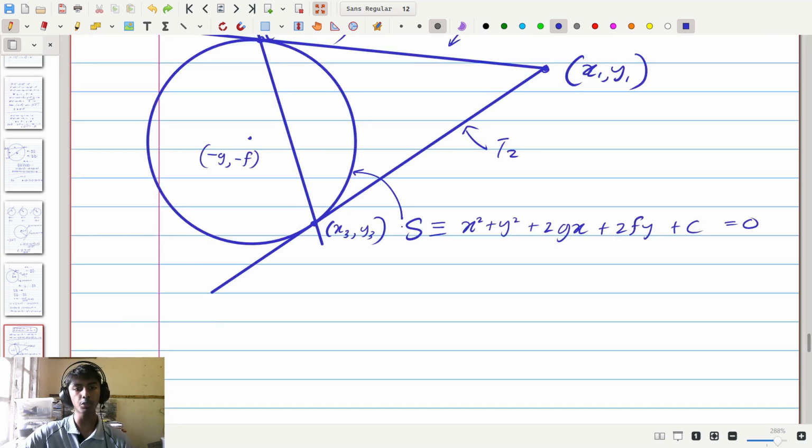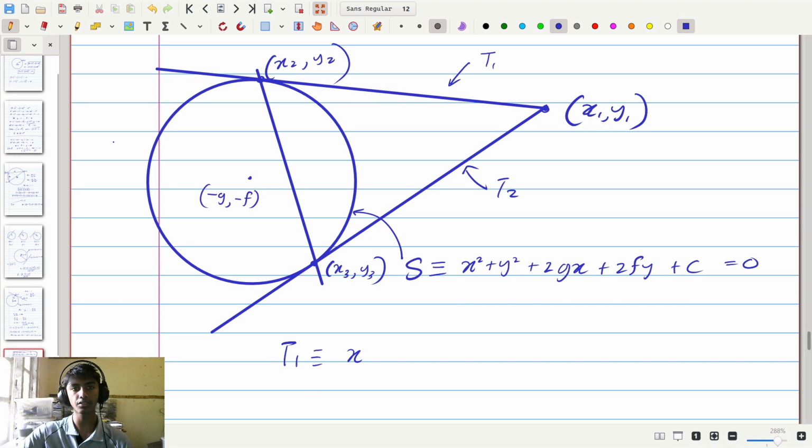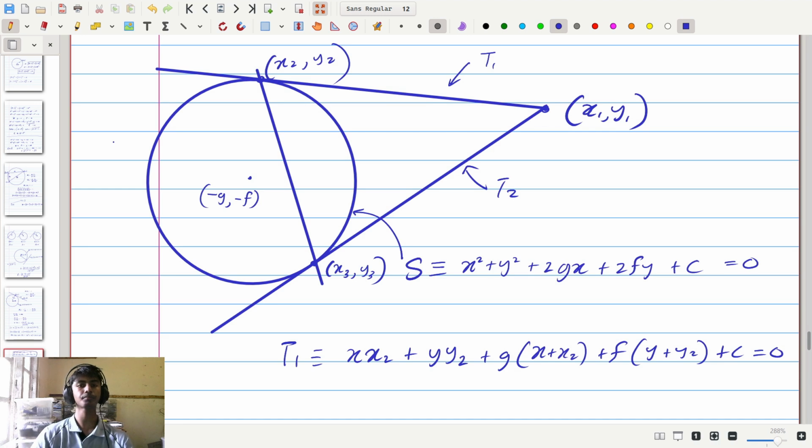Using that and substituting, we can write that this tangent t1 is given by x times the x coordinate of the point, which is in this case x2. So we can write x times x2 plus y times the given y coordinate, which is y2, plus g times (x plus x2) plus f times (y plus y2) plus c equal to 0.